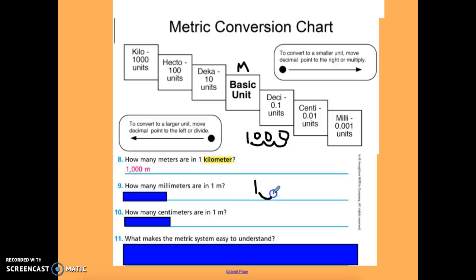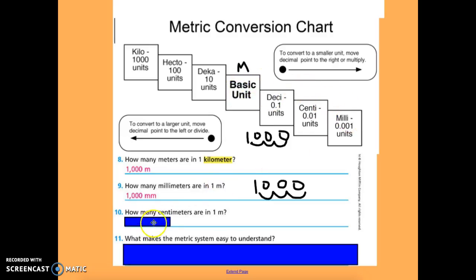I'm going to go over 1, 2, 3. I fill those in with zeros. So I have a total of 1,000 millimeters in 1 meter. And again, all I had to do is count my steps.